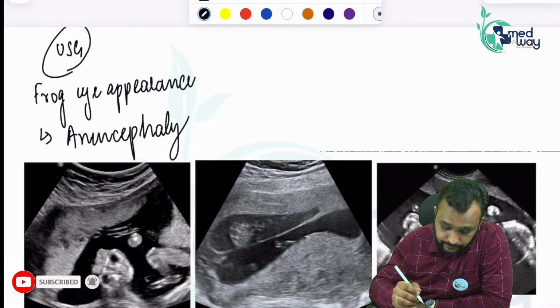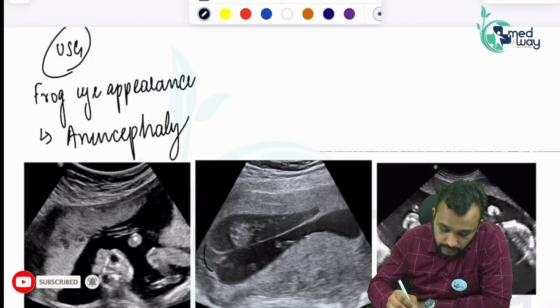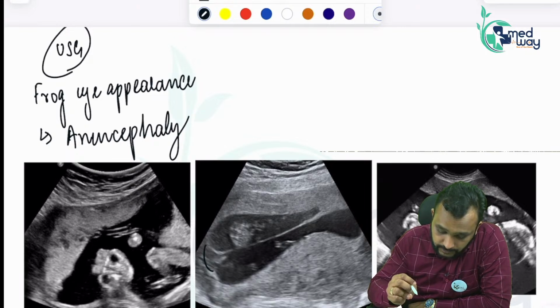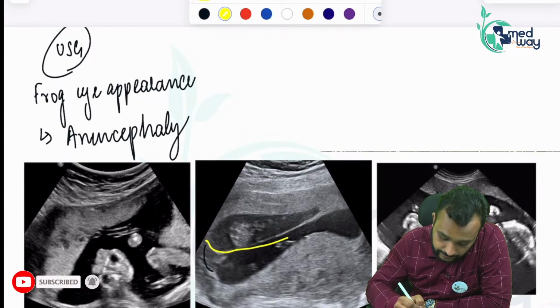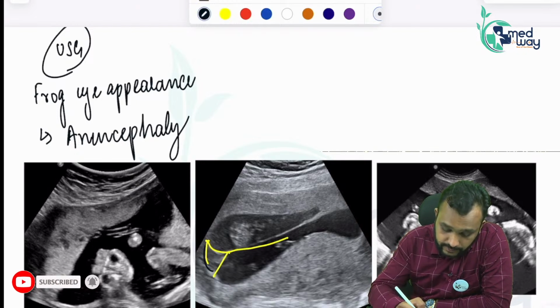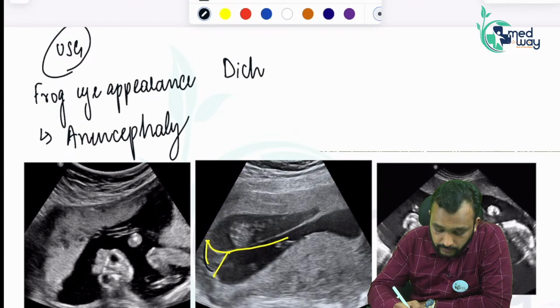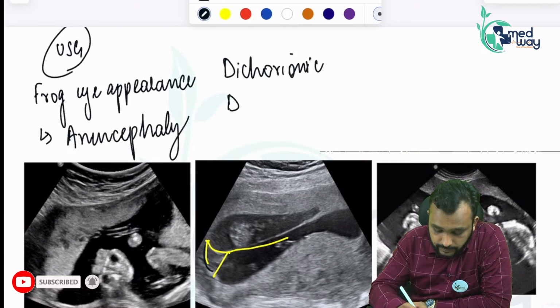Lambda-shaped appearance of the intertwin membrane, this is seen in patients with dichorionic diamniotic twins.